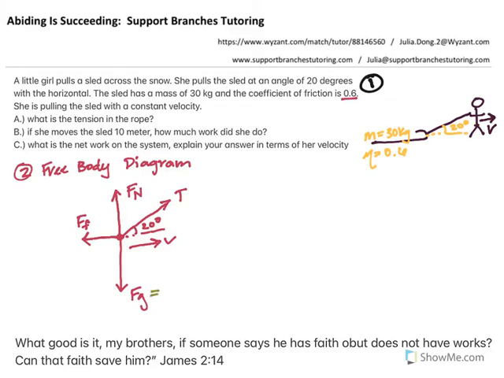For our gravity, the force of gravity is always equal to the mass times the gravitational constant. It gave us a mass of 30 kilograms, and then we can put in 9.8, in meters per second squared. Let's go ahead and calculate that.